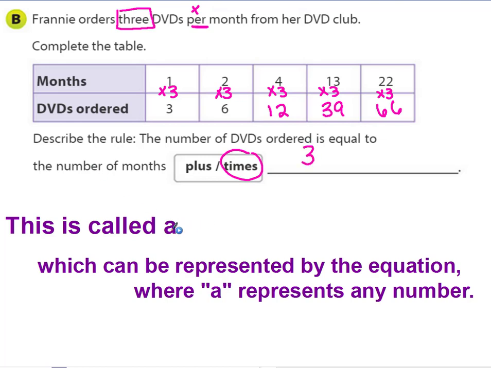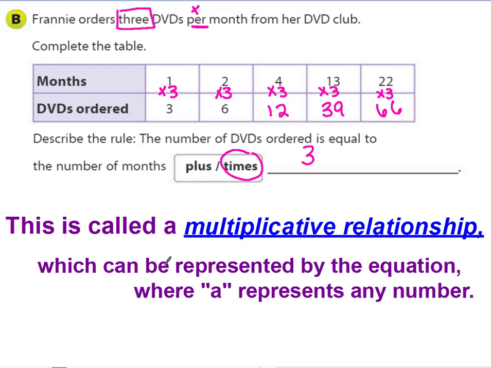This is a multiplicative relationship, and the equation for that would be y equals ax. Remember, when we have a variable next to a variable with no operation in between, that means multiplication. And again, a represents any number. So in this case, I would use y equals 3x.